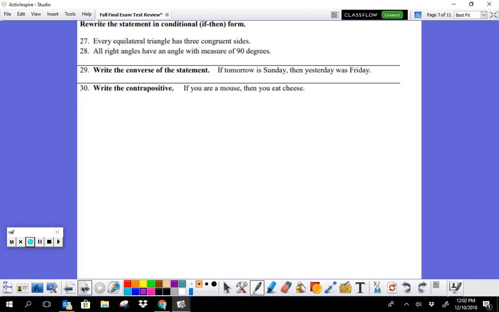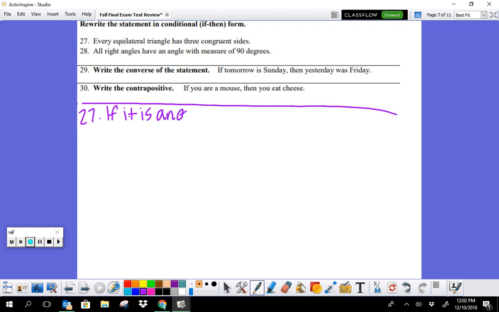Okay, this next part says rewrite the statement in conditional if-then form. I'm going to write this really messy, and I'm just going to write all of these down here at the bottom so I have room. So every equilateral triangle has 3 congruent sides. So what I would say is if it is an equilateral triangle, then it has 3 congruent sides.